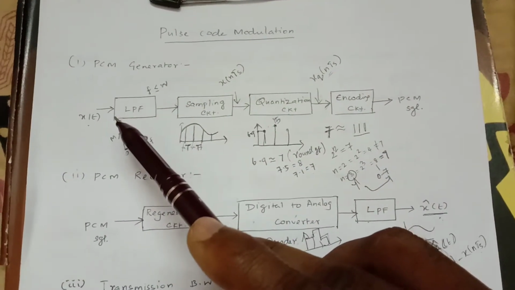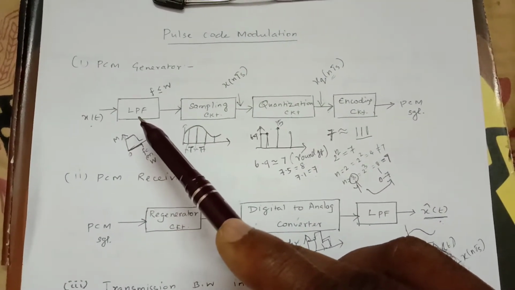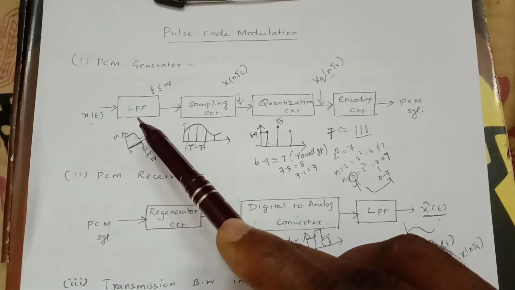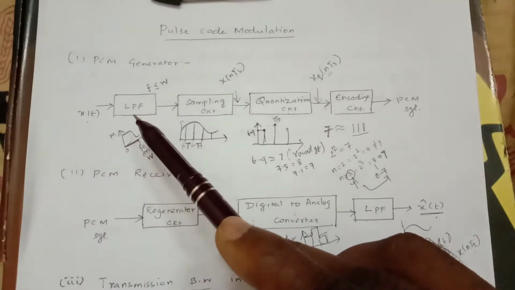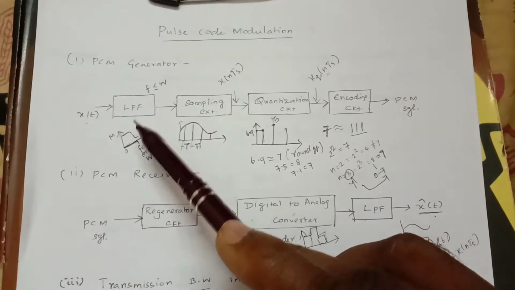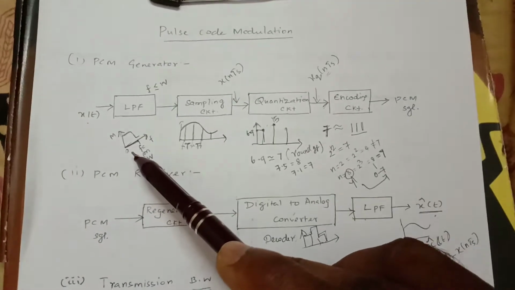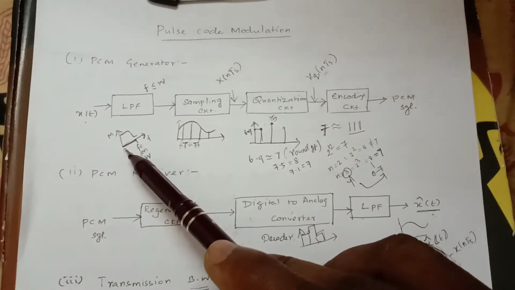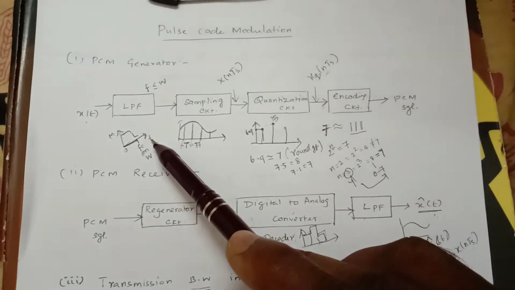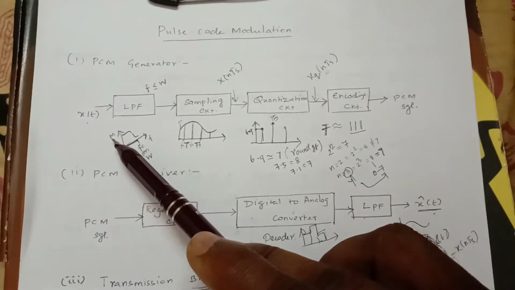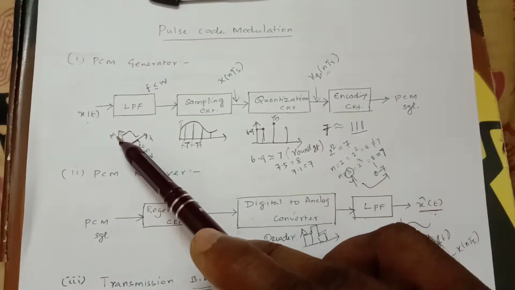What is the function of the low pass filter? The low pass filter allows only low frequency and it attenuates high frequency components. This is the frequency response of the low pass filter, in which the x axis denotes the frequency and the y axis denotes the amplitude in dB.